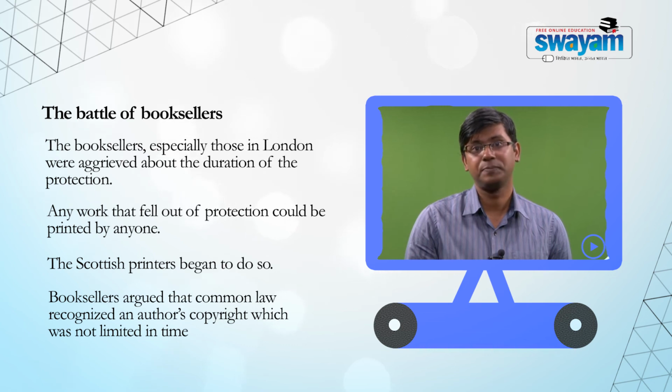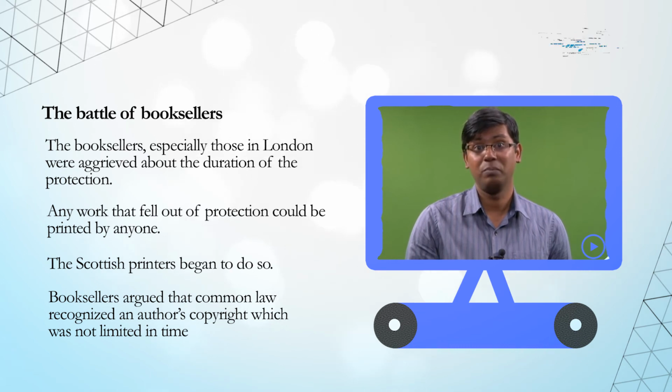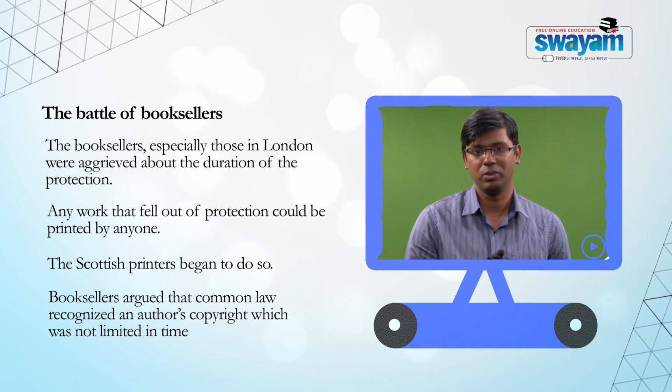Booksellers argued that common law recognized a perpetual copyright in the author, and there was no time limit at all. And the Statute of Anne, by prescribing a time period for the protection of authors' work, was completely against the common law principle.